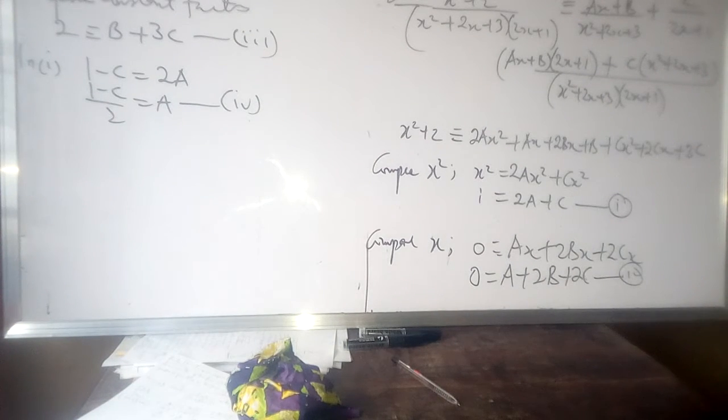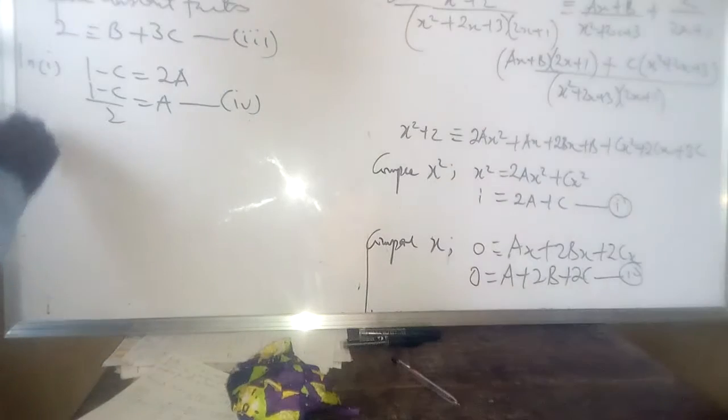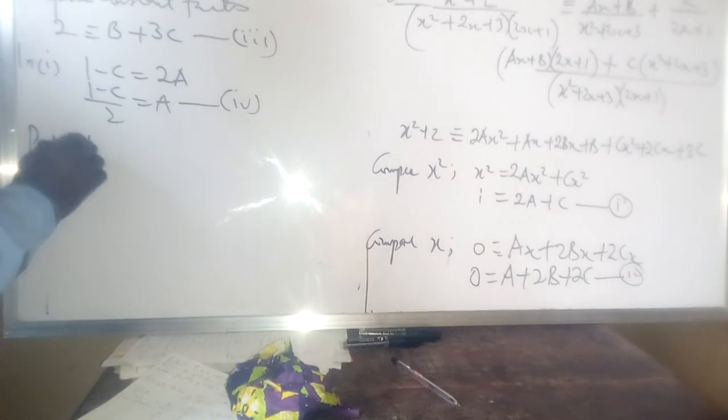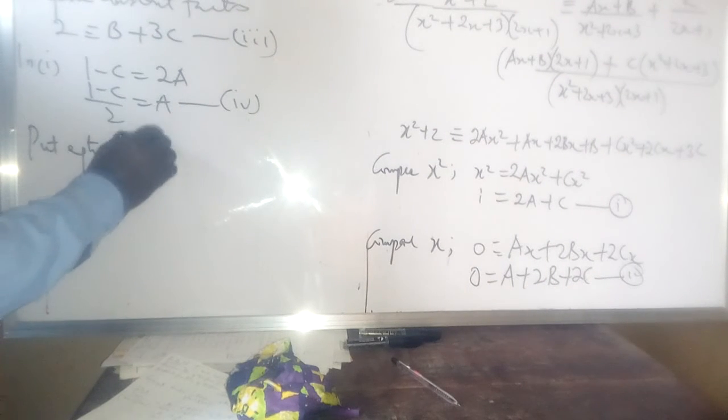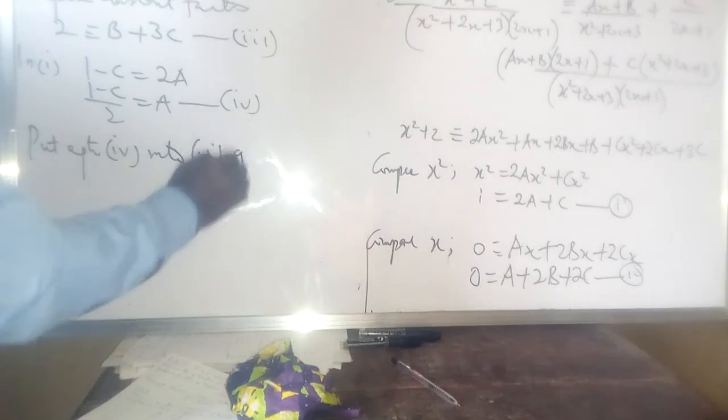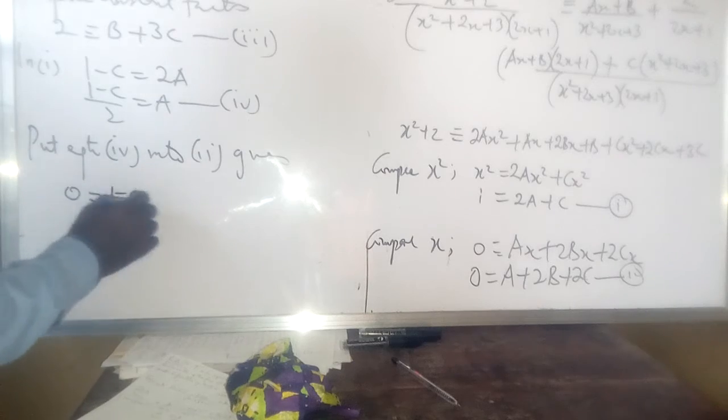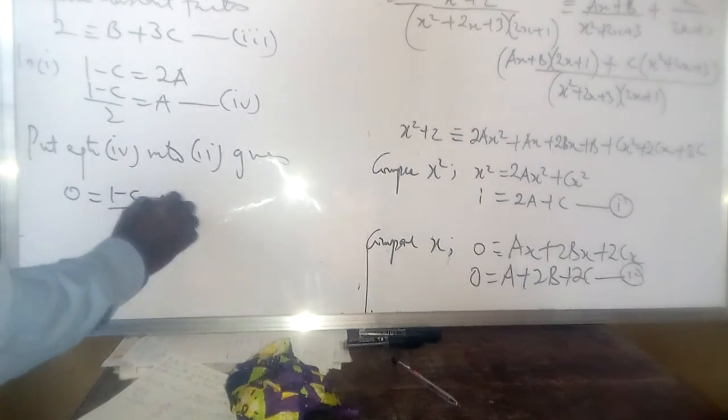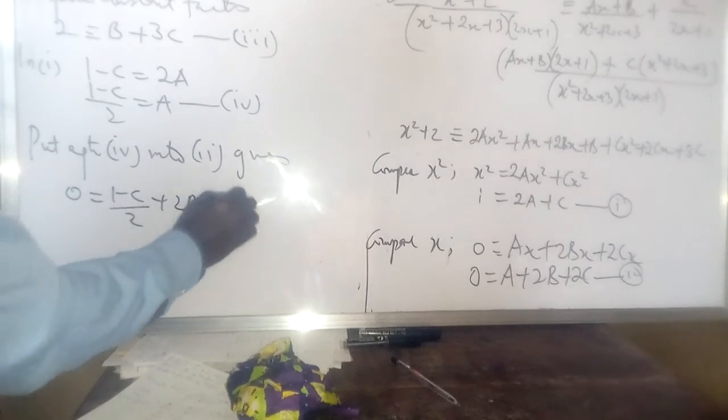Putting that equation 4 into equation 2, let's see what it's going to give us. You have 0 is equal to 1 minus c all over 2, because equation 2 is that, plus 2b plus 2c.